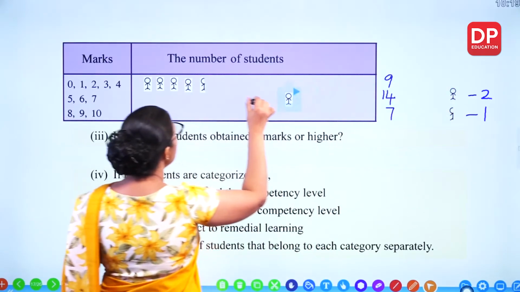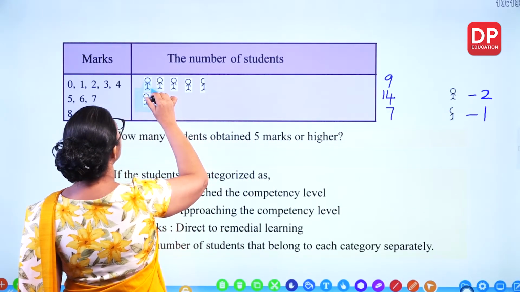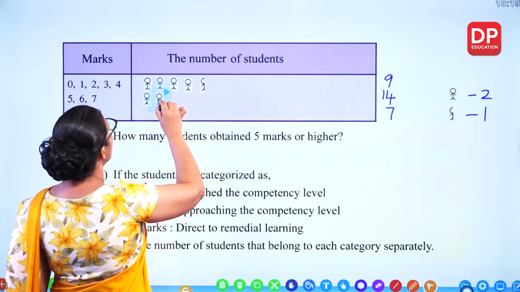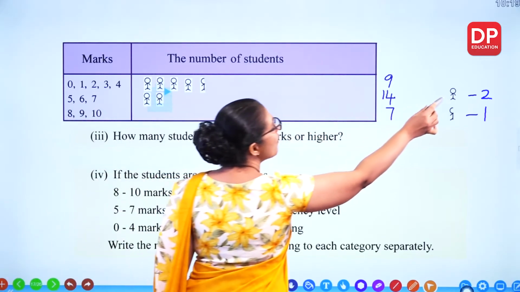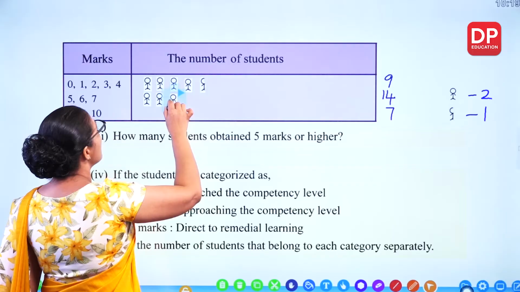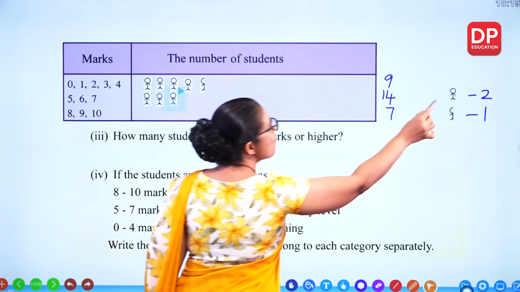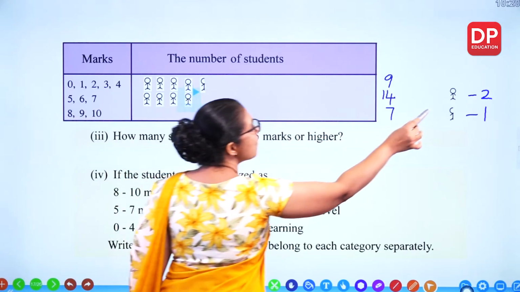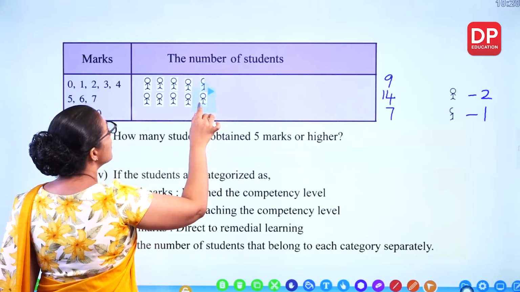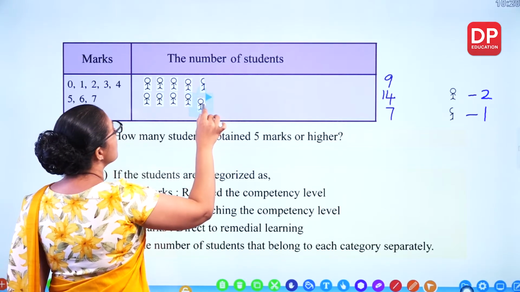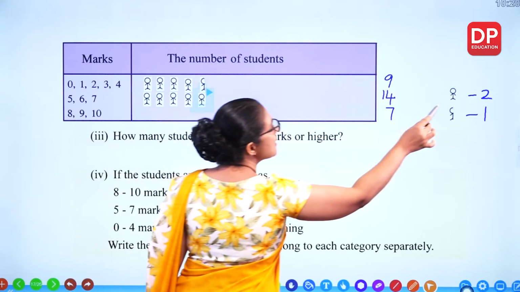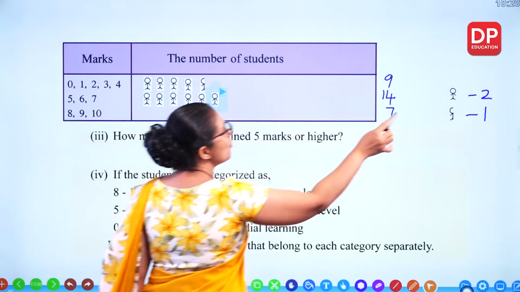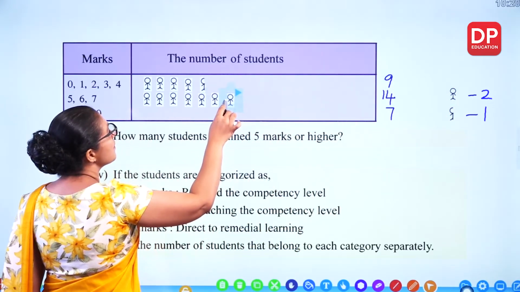So we'll take 7: 1, 2, 3, 4, 5, 6, and we need one more, 7.